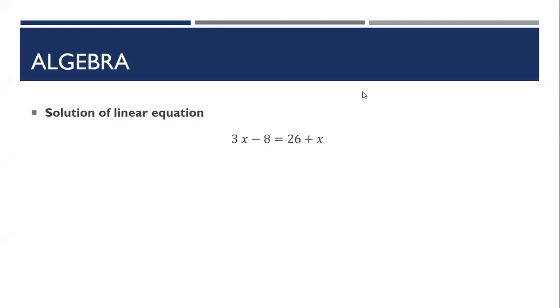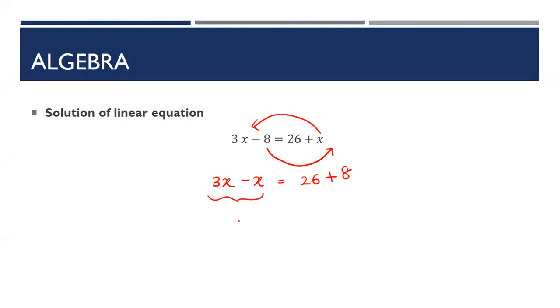Let's check. So here we are having 3x minus 8 equal to 26 plus x. So I am taking x into one side and the constants into the other side. So I am taking x into the left side, and this constant minus 8 into the right side. So 3x, plus x going to the left side as minus x, is equal to 26, and minus 8 going to the right side as plus 8.